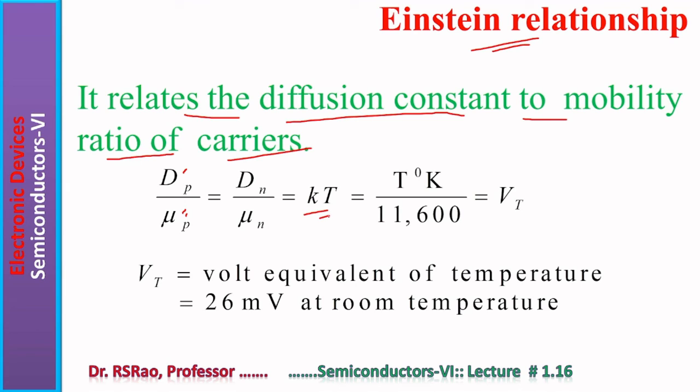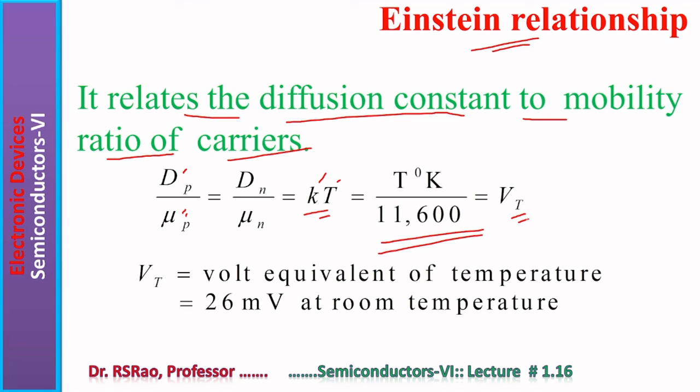It can be shown that this ratio is equal to kT, where k is Boltzmann's constant and T is temperature. Substituting the value of k in this expression, it can be shown the ratio is T in Kelvin scale divided by 11,600.